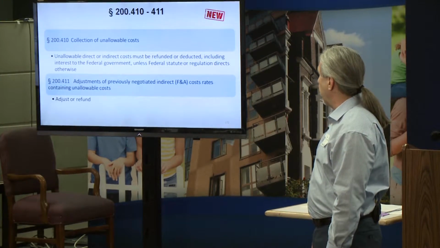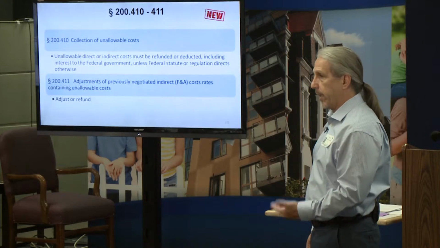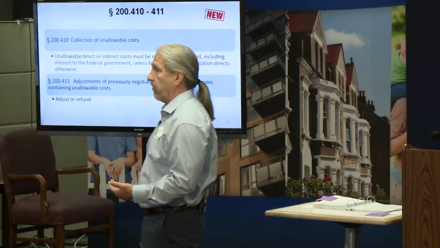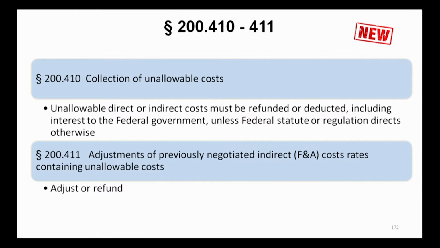410 and 411, again, just new provisions added in subpart E that clarify that if we make a determination that there's an unallowable direct or indirect cost, it must be refunded or deducted, including interest, to the federal government, unless we have a federal statute or regulation that requires or directs otherwise.